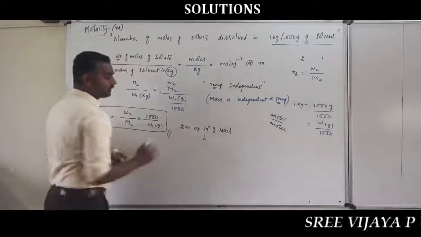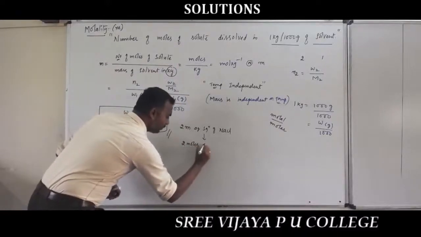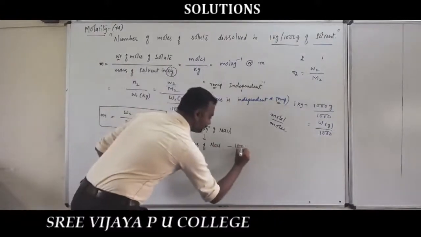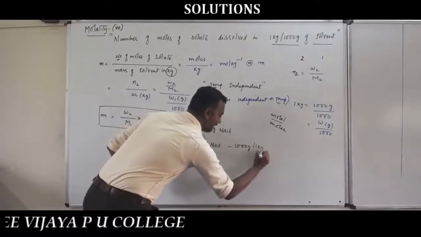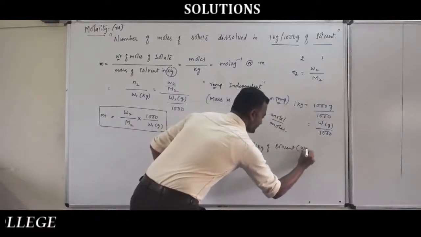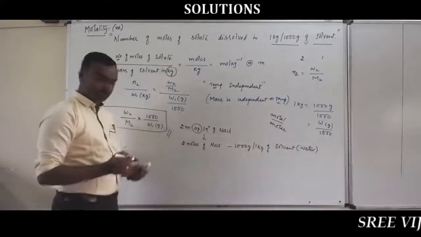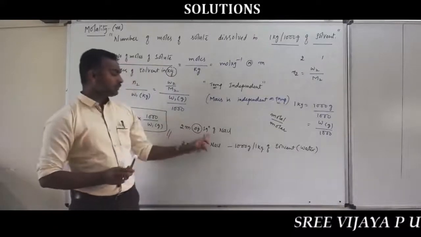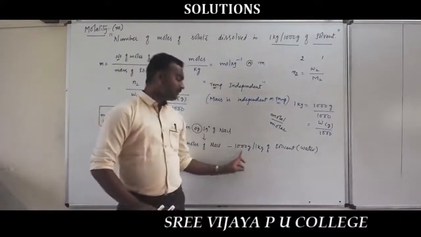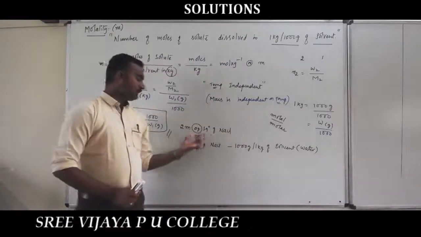So a 2 molal aqueous solution of NaCl means 2 moles of NaCl dissolved in 1000 gram or 1 kg of solvent, and the solvent here is water. This is the way to write 2 molal.